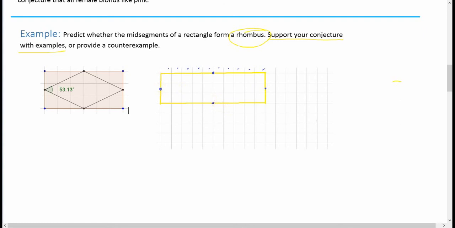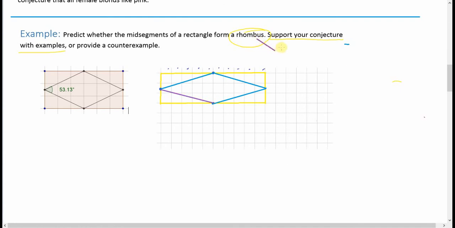Let's draw some lines. So midsegment, midsegment, midsegment, and midsegment. Okay, how do we even know whether this is a rhombus or not? Well, a rhombus has very specific characteristics.